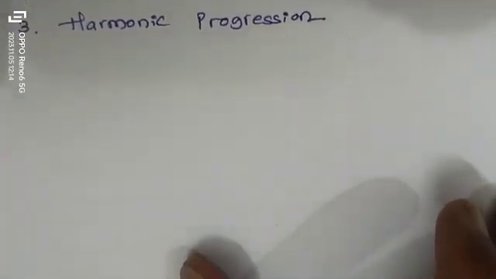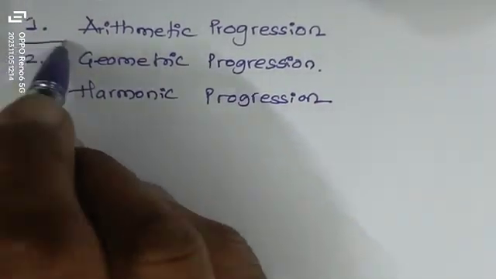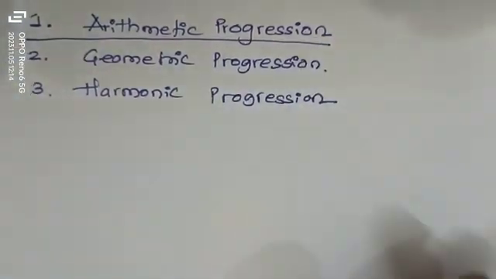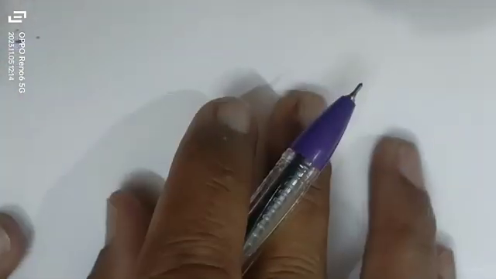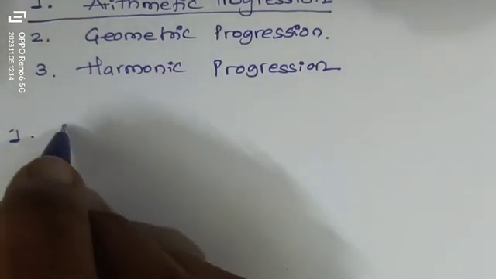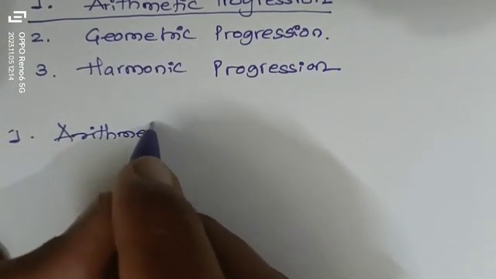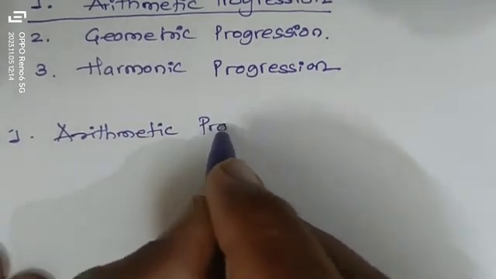So we'll start with the first one, that is arithmetic progression. We'll now discuss the laws of step regulation of speeds in the multi-speed gearbox. In that, the first one is arithmetic progression.